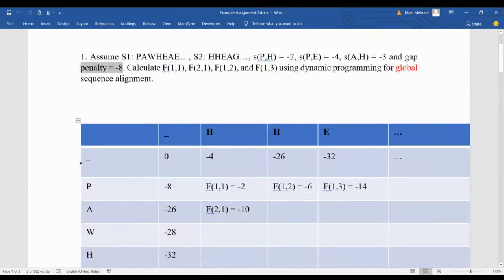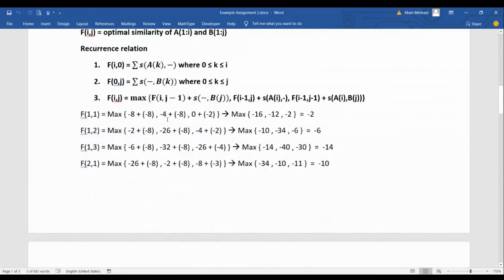Which one is 0, 1? 0 row and 1 column, which is -4. So -4 plus -8, we have -12.